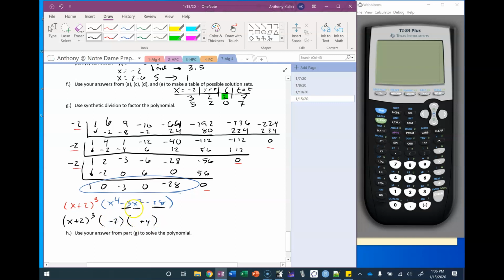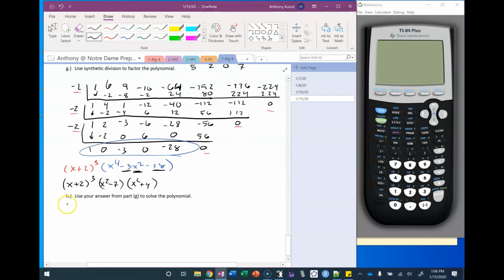And because the middle variable is x squared, I know that that's x squared minus 7 and x squared plus 4. So there's my factored form. Now I just need to set each piece equal to 0 and solve. So I get 3 -2s.